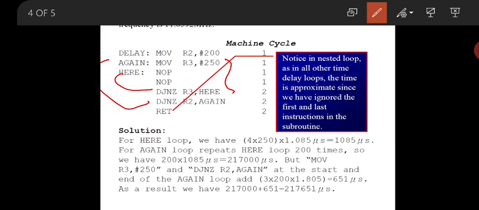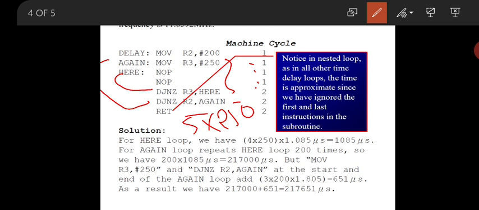Within this, there is one machine cycle and a total of two machine cycles, meaning 3 plus 2, so 5 machine cycles in the inner loop. How many times is it repeated? 250 times.